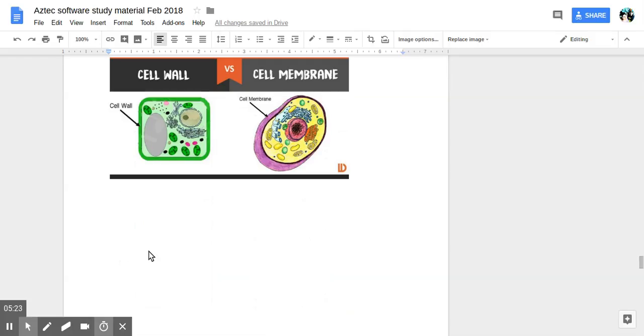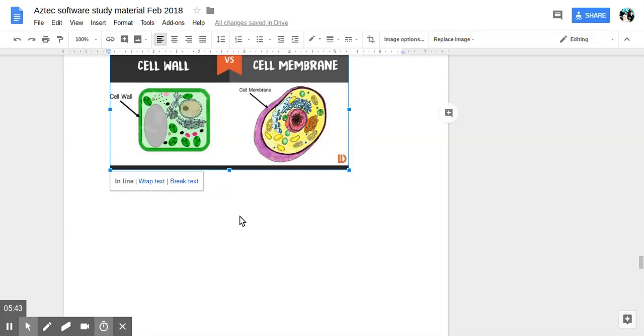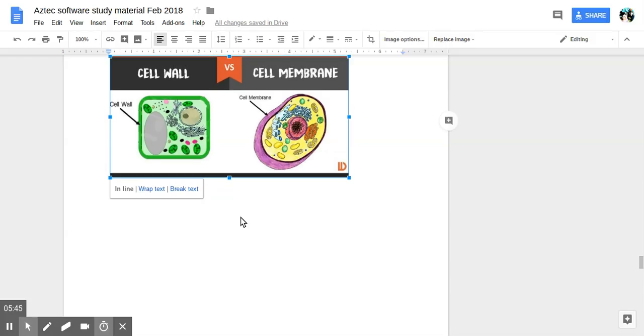The cell wall is more square or rectangular shaped, like a box. It helps with the structure of the plant cell to keep it rigid and firm and upright, while the cell membrane is just to keep stuff inside the cell.